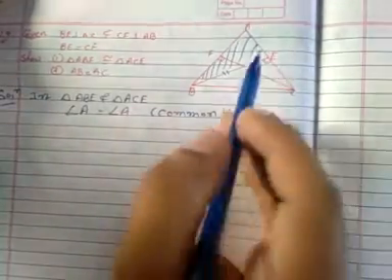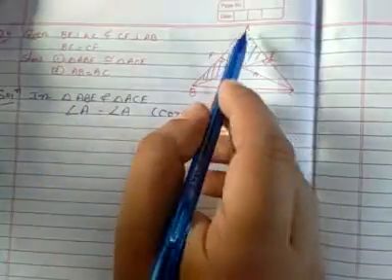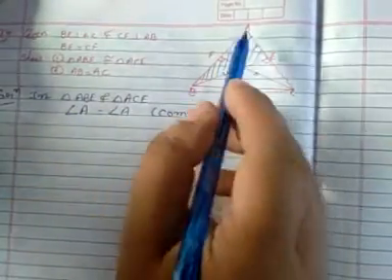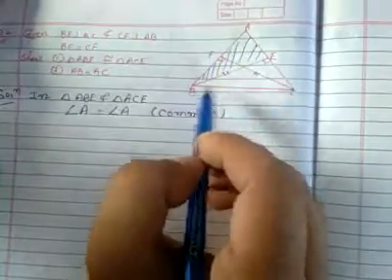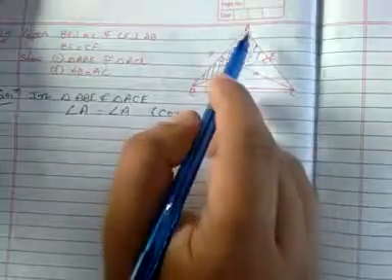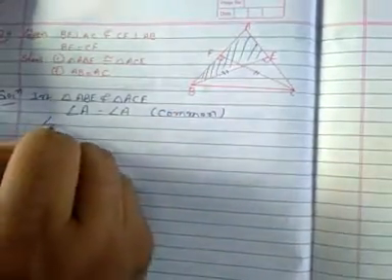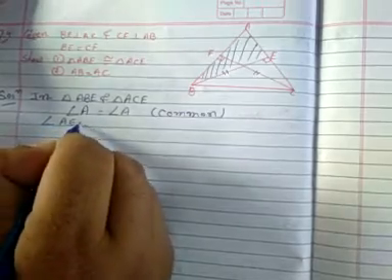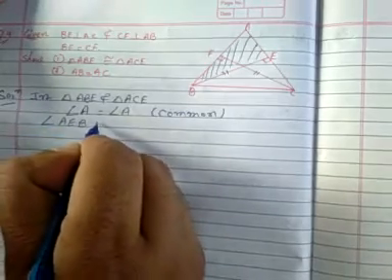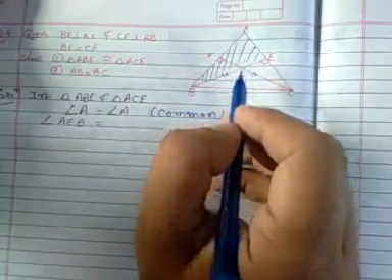Now second thing is, look at here. First one is our triangle ABE. In triangle ABE we can say that angle AEB is a right angle. Angle of E is a right angle.